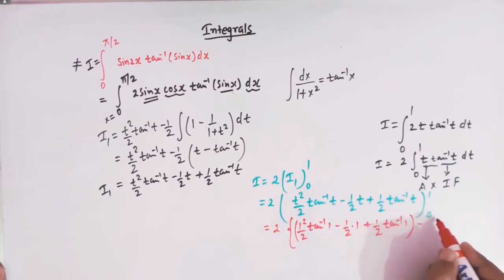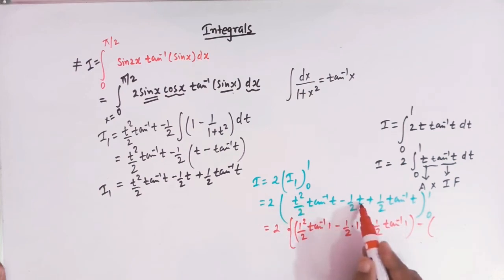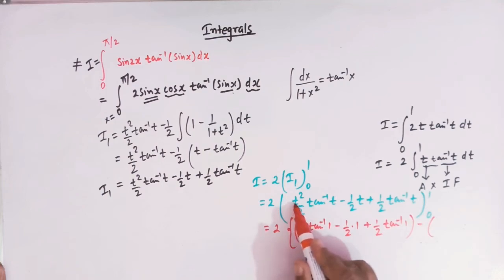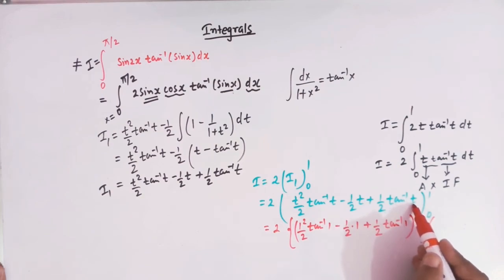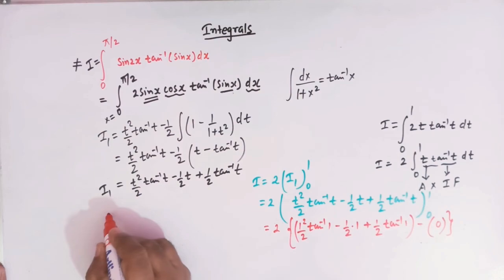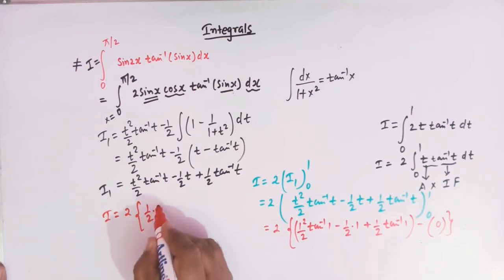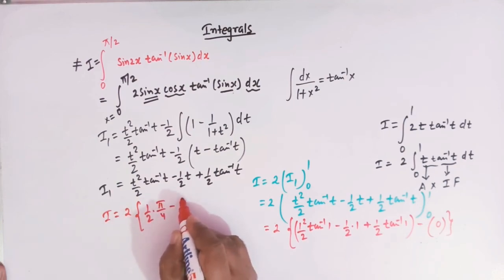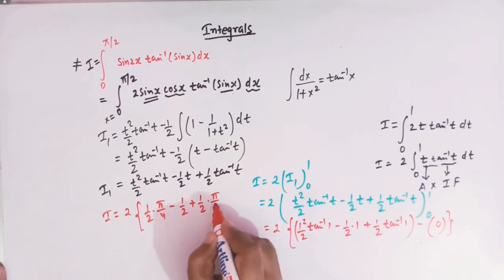And when we take 0 for t in this expression, all the terms are equal to 0, because when t is 0 the first term becomes 0, and tan inverse of 0 is 0, so we will have 0. Now I is equal to 2 times, and here we have half, and tan inverse of 1 is pi by 4, minus half, plus half and pi by 4, right?